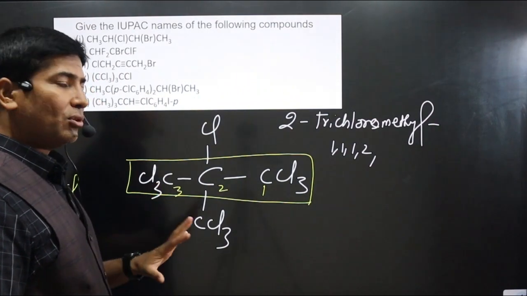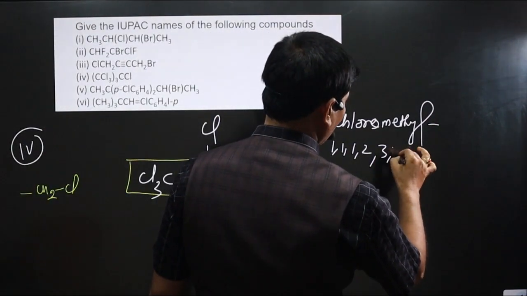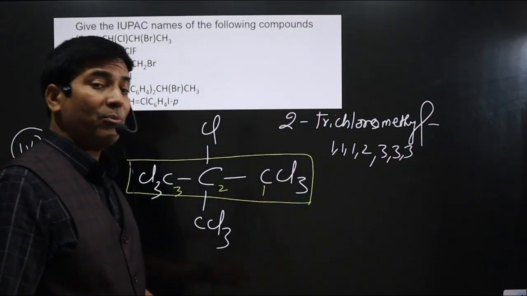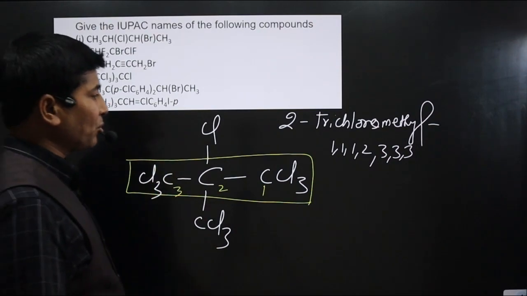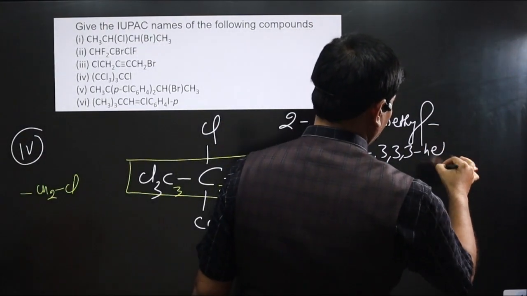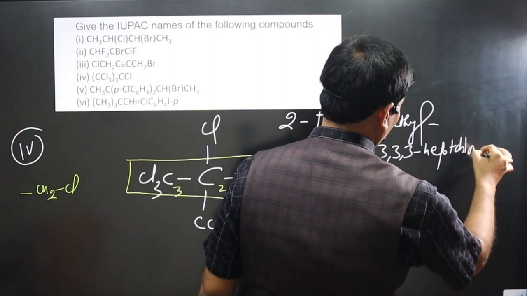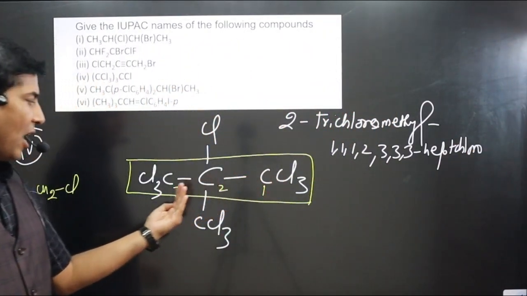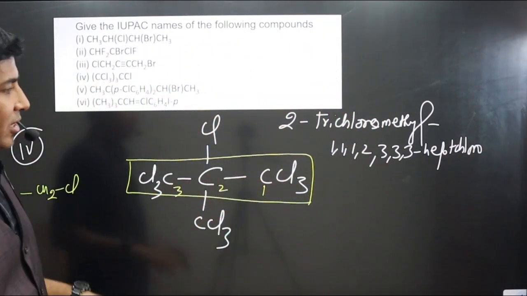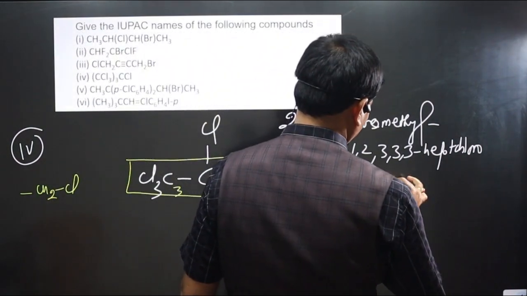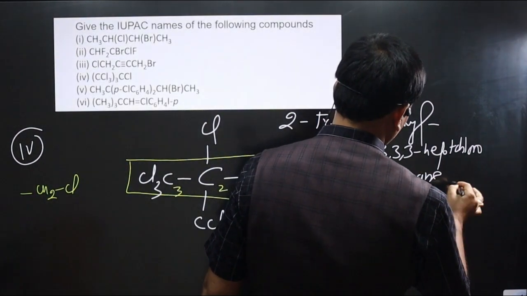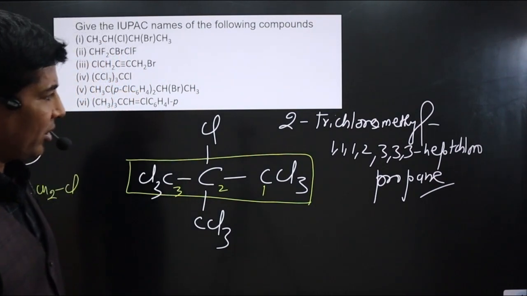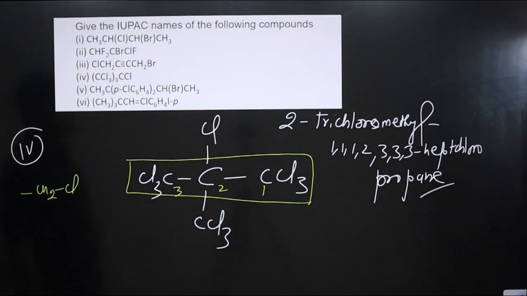To the third carbon 3 halogens, again we mention 3,3,3. Total how many halogens? 7. So we mention heptachloro. We have hept and chloro, and then in the last we have the parent chain. How many carbons are there? 3. So it is propane. So we got 2-trichloromethyl-1,1,1,2,3,3,3-heptachloropropane.